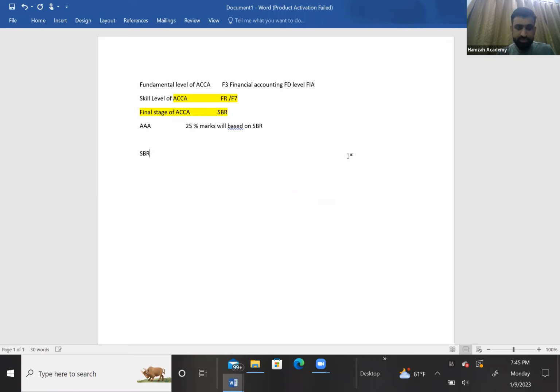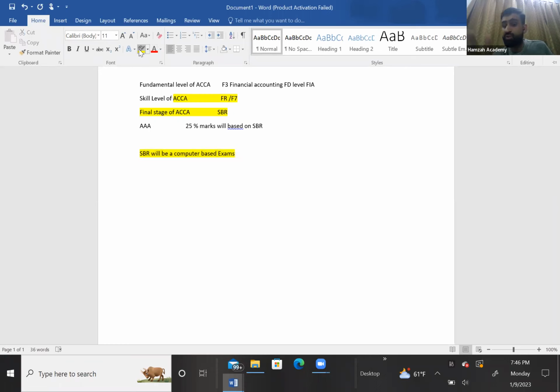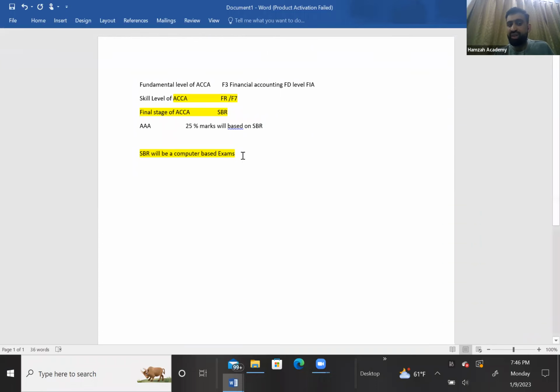SBR will be a computer-based exam, CB exam, but it doesn't mean that there will be multiple choice questions. It is not such type of question. There will be no multiple choice questions. There will be no OT questions. But the paper is still computer based. Now, in which form is it computer based? Because basically case studies will be given.